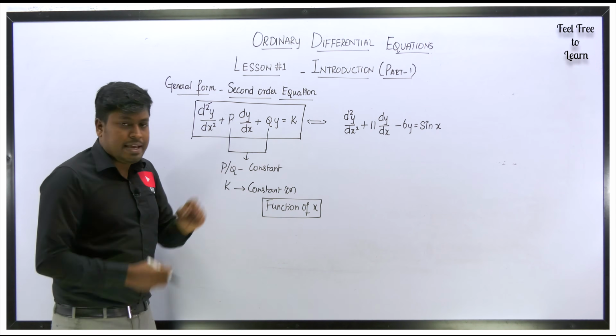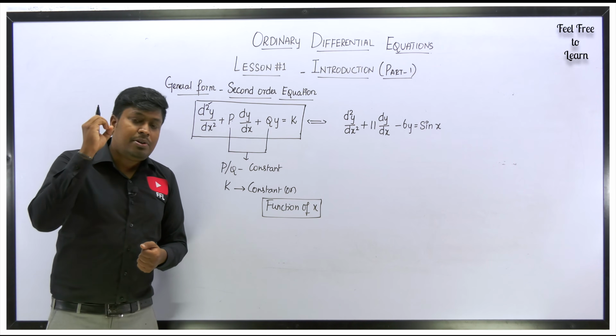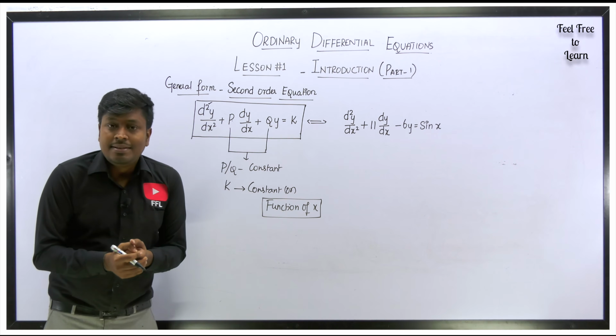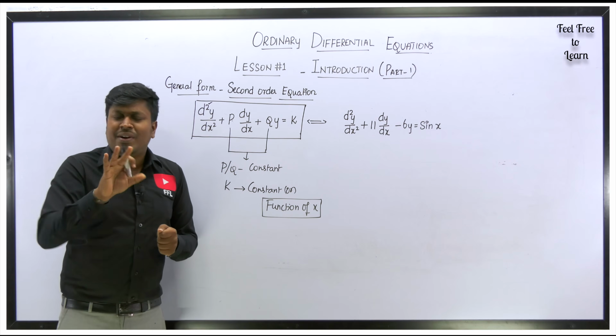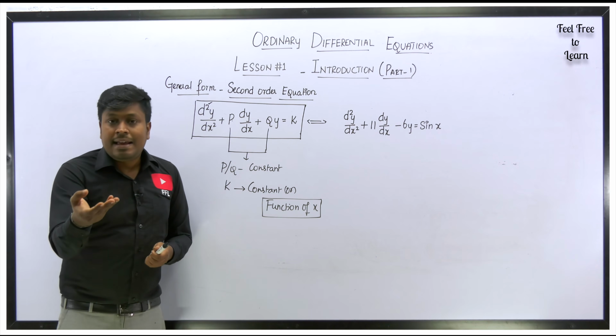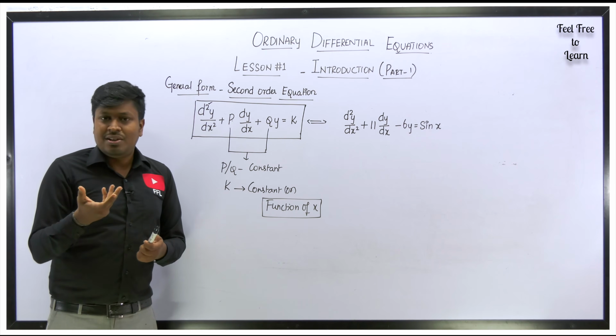In the place of k, you can see any constant, for example even 0. Or else, in the place of k, you can see a function of x. A function of x is nothing but sin x, cos x, cosecant x, or x square. Understood or not?